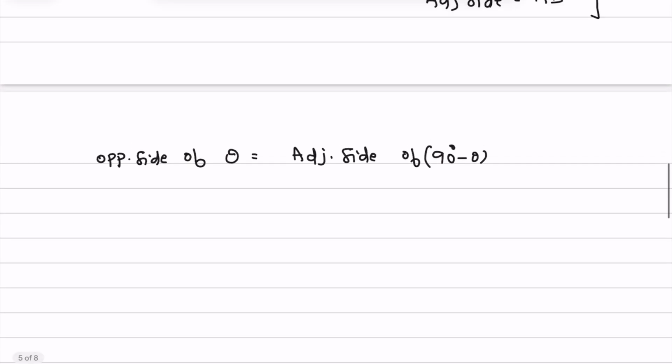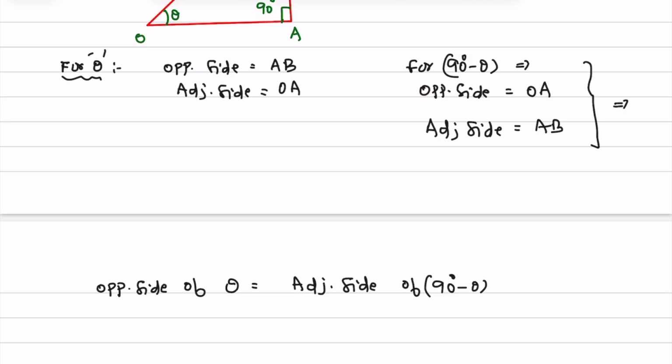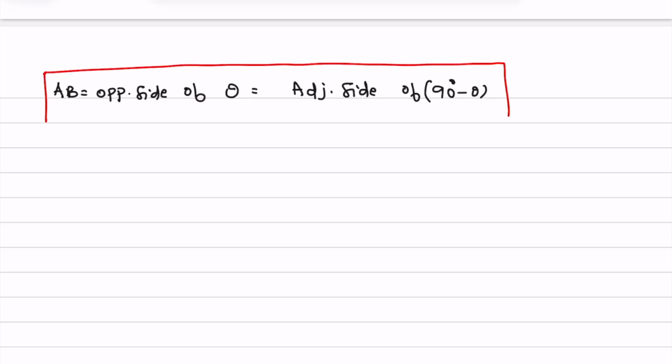Do you agree? The opposite side of theta is AB, and the adjacent side of 90 minus theta is equal to AB. Please remember this. When theta is changed to 90 minus theta in a right angle triangle, the opposite side and adjacent side change. The opposite side of theta is equal to the adjacent side of 90 minus theta.